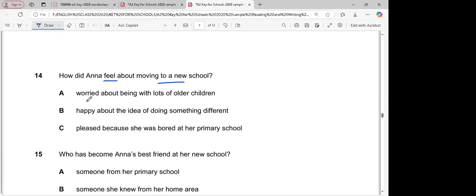Okay, but obviously it's not the A, because the word excited will not go with the word worried. Okay, right? Because excited will not match with worried about being with lots of older children.